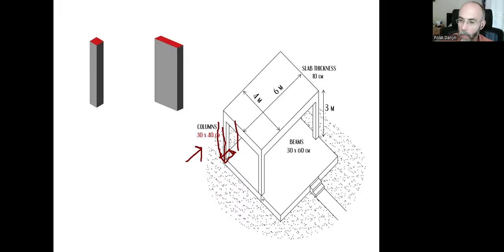However, we can change the position of the other column and create a rectangular shape in this other direction, like that. So this column will be strong in the direction that the first one is weak.